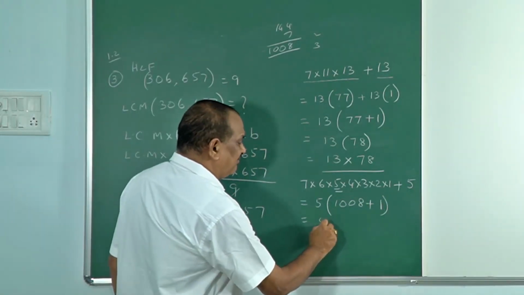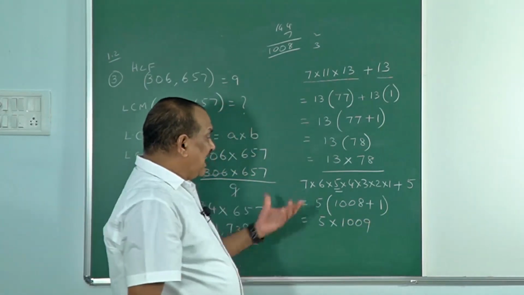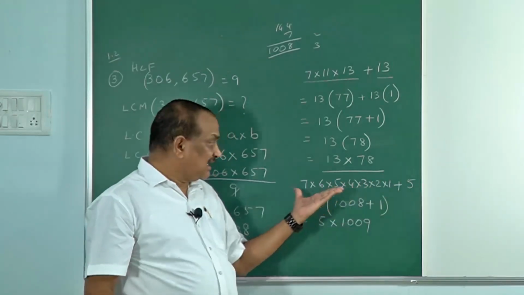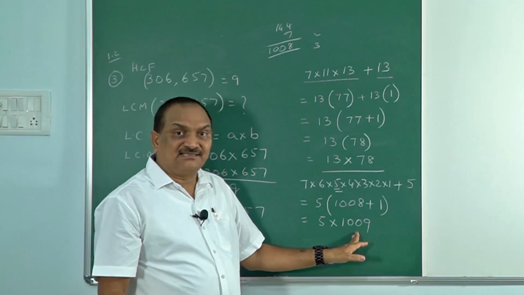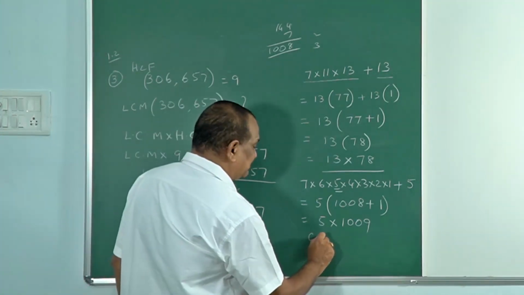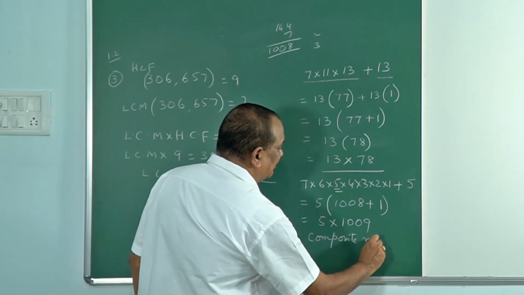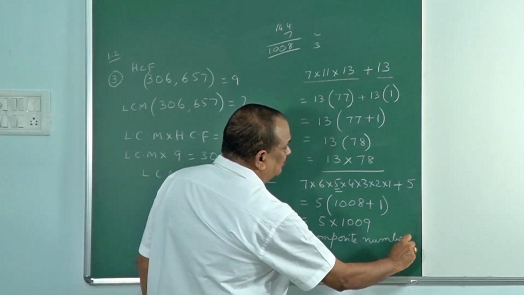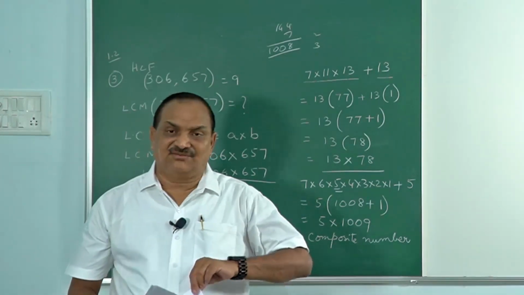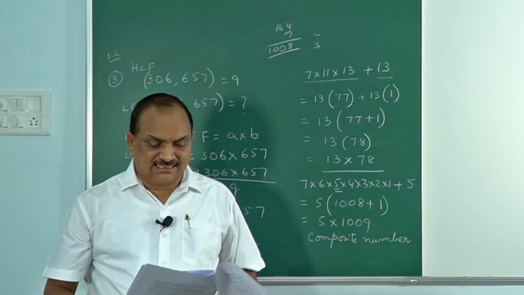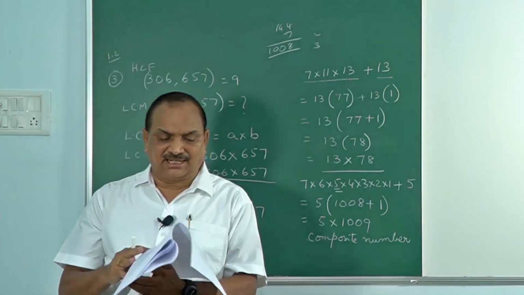So now I have 5 times 1009. Whatever comes, when you simplify, is written as a product of two factors. So this must be a composite number, because you have written the given number as the product of two factors. That's a composite number.